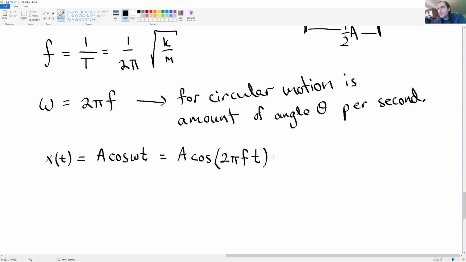We could take this one step further. Frequency is 1 over period, so we could say a cosine of 2 pi over capital T, times the lowercase t. The lowercase t is the variable. The big T is the period, which remains constant for the entire motion.